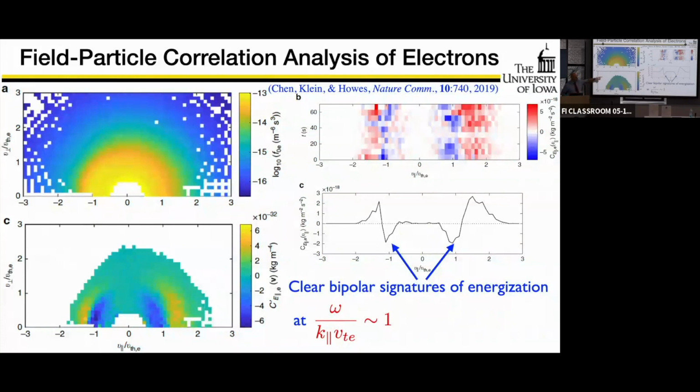But the second thing is that if the magnetic field moves around in direction, because this quantity is normalized by V parallel, the velocity parallel to the magnetic field. If the magnetic field moves around a little bit, as it does in a turbulent plasma, it can smear out those signatures and give you a little bit of broadening.